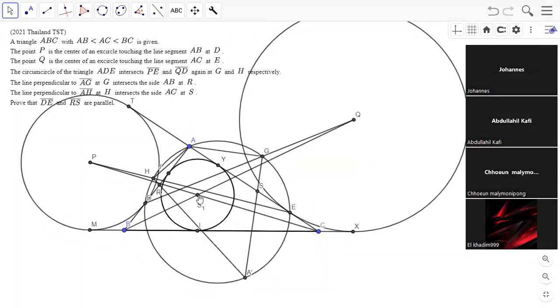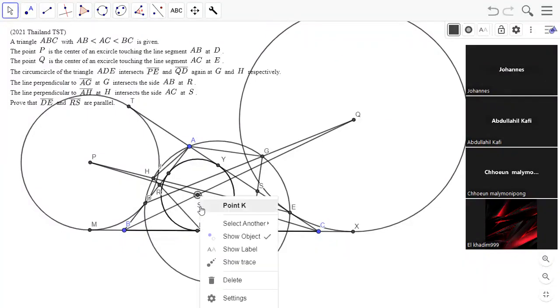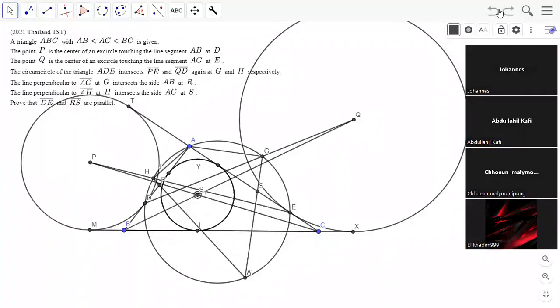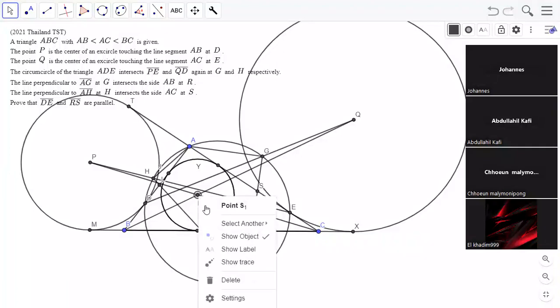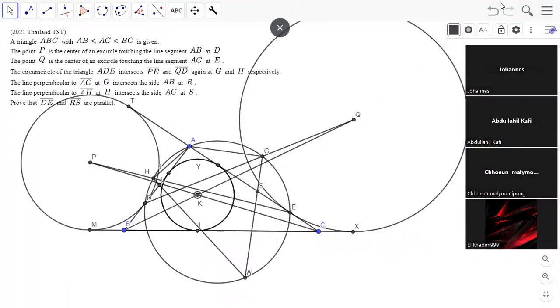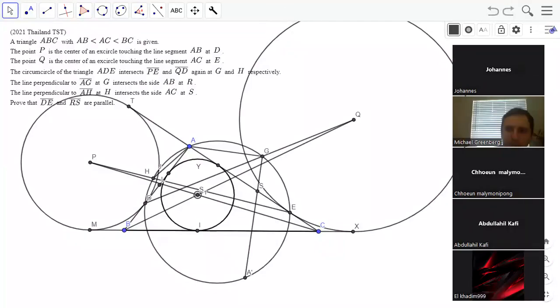It's crazy. So I think I really had to hide S1. I don't know why it makes it that hard, but let's take S1, hide the label, and then what? So I need to hide K then. Oops.